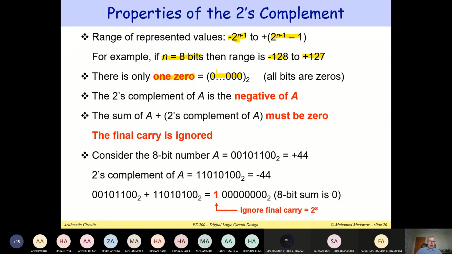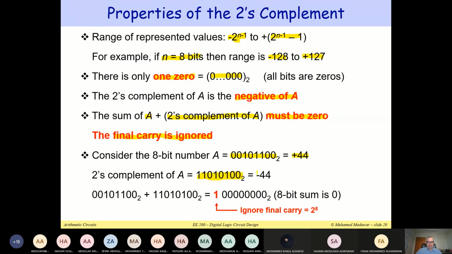And the meaning of the 2's complement is just the negative of A. So if you take A and add to it the 2's complement of A, you get 0, because of the 2 to the power n, which is the final carry. And I have an example here. For example, this is plus 44, represented in 8 bits. This will be minus 44.